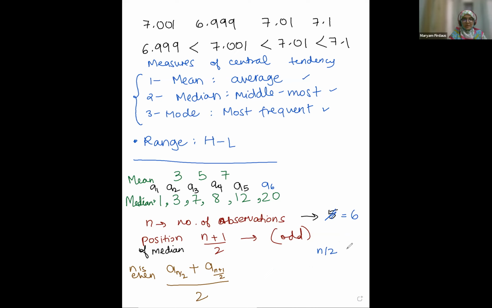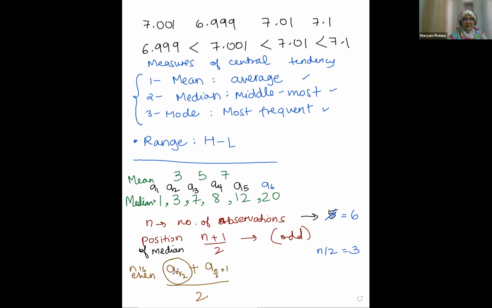So n by 2 is 6 by 2, which is 3, right? Okay. So n by 2 is 3.